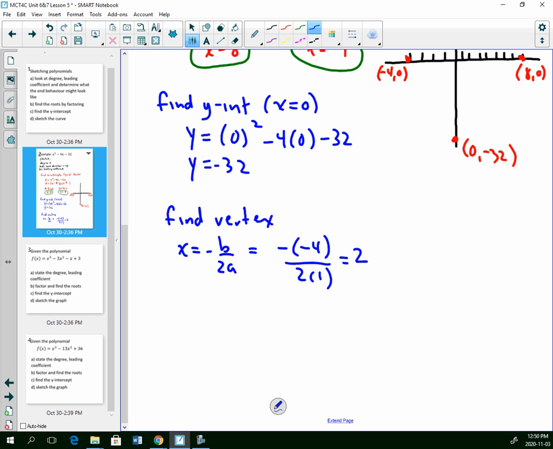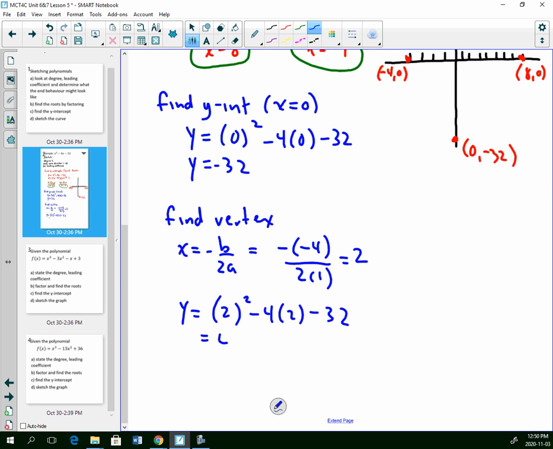And then I could plug that 2 back in to find the y. So we get 4 minus 8 minus 32. So that's negative 36. So my vertex is a little bit lower than the y-intercept. It's over here at 2 and negative 36.